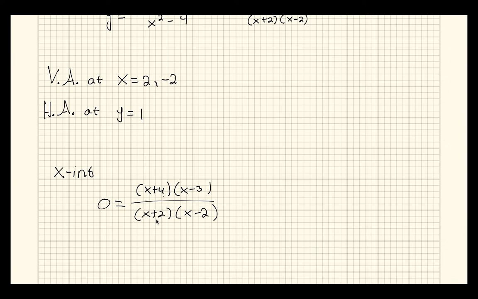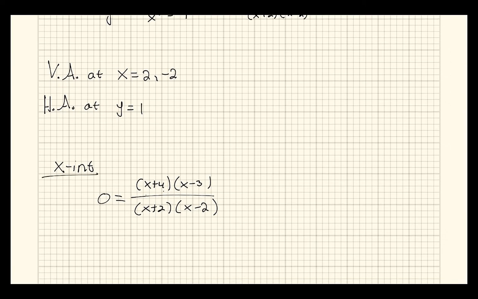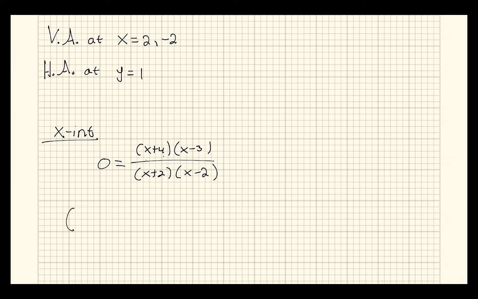An easier way to think about these is, if we're trying to solve for an x-intercept, just solve the numerator. Don't worry about the denominator. So what makes the top equal to 0? That'd be a negative 4 and a positive 3. So we should have intercepts at negative 4, 0 and positive 3, 0. Okay, I hope that makes sense.